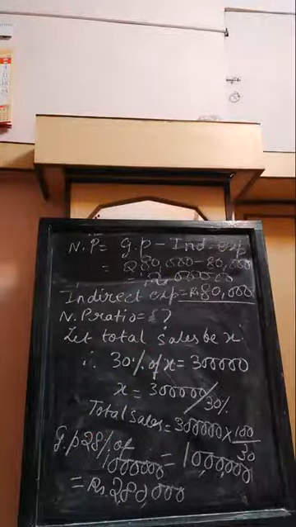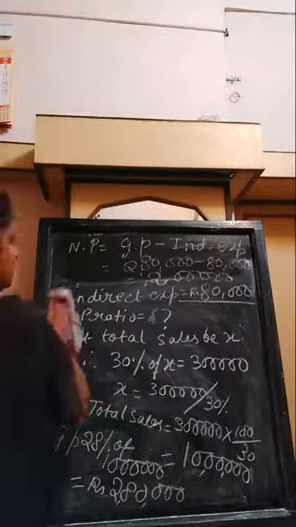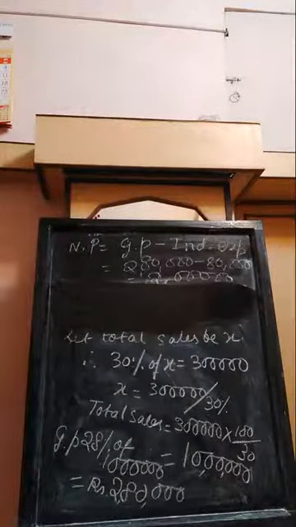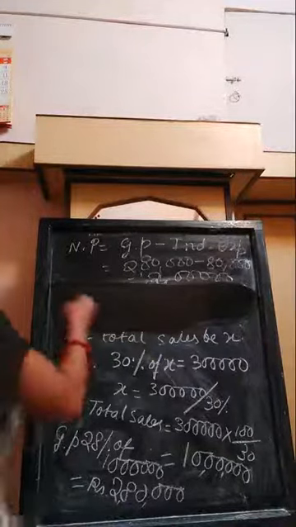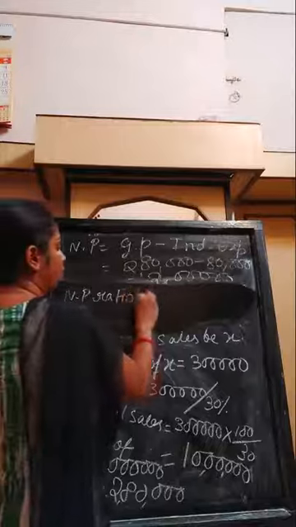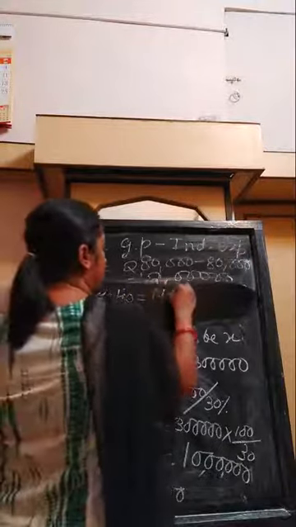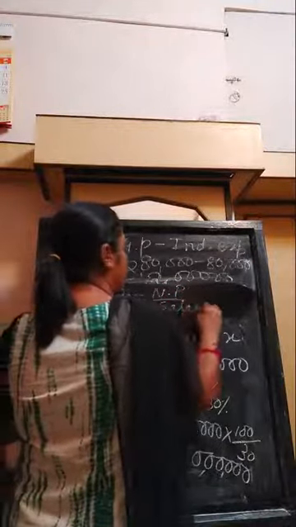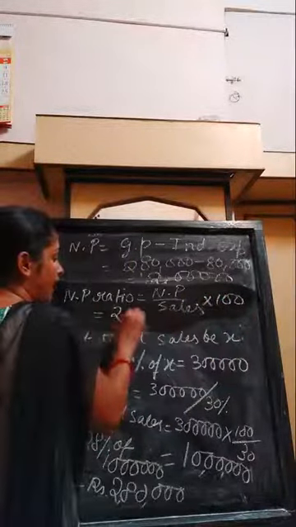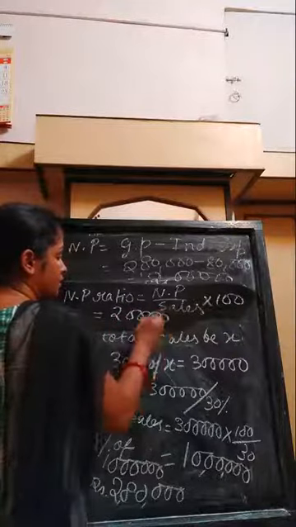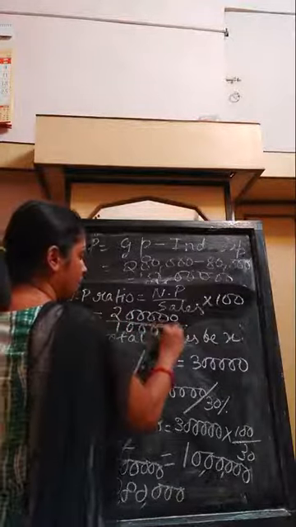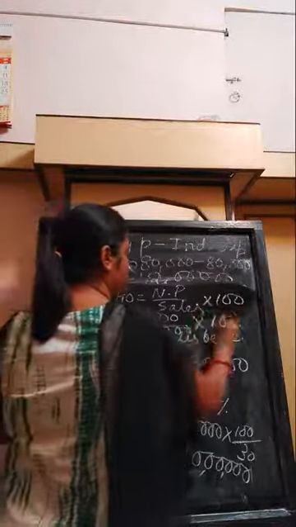Once we have found out the NP, it is very easy to find out the NP ratio. The formula is NP ratio is equal to net profit by sales into 100, as I have told you in the previous sum. So NP is 2 lakh divided by 10 lakh into 100.